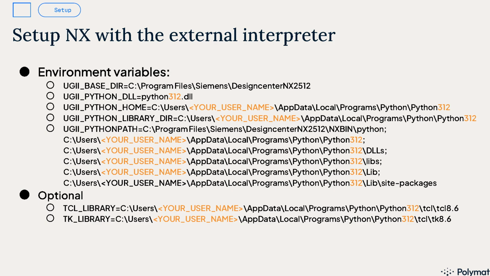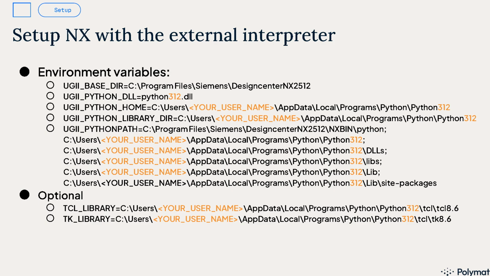There's also a library there, which is basically the same folder. And then a whole set of Python path folders that you need to list, which need to be on your Python path. First of all, the Design Center install one, so your NX bin Python from your NX installation.